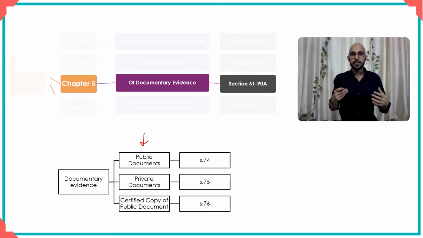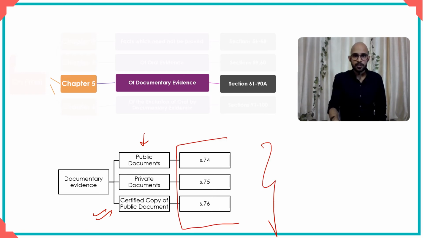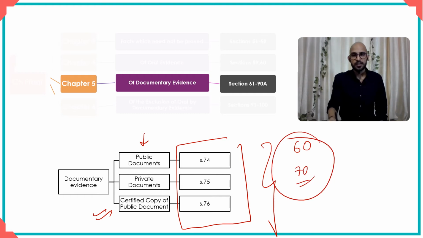You can perhaps only get a copy, because can you really get the original which is being maintained by the state and by the government? No, you can't. So it is required at times for us to get a copy, and a certified copy is a verified copy. You can go ahead and see this. I'm giving you the numbers here to tell you that now we've crossed the 60s and now we're into the 70s. So we've got a fair idea of what is contained in this. Let's go ahead.